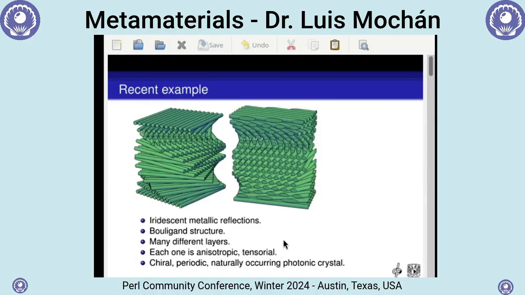So this is a kind of naturally occurring photonic crystal because it repeats itself periodically after the fibers have made one half turn. It is chiral. It has many layers. Each layer has a different tensorial dielectric response. So it's actually the same, but it is rotated. So from one of these responses, one can get all the other ones by rotating.